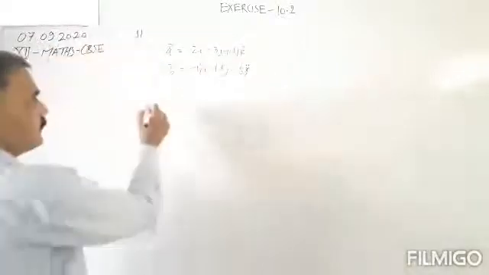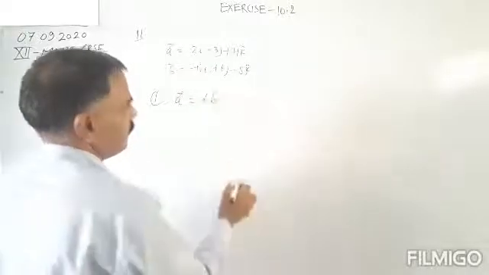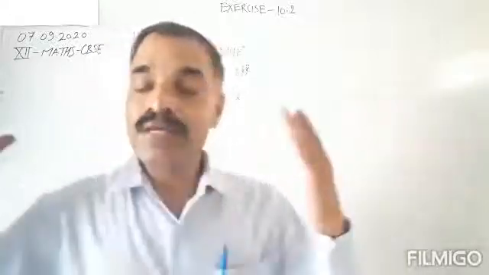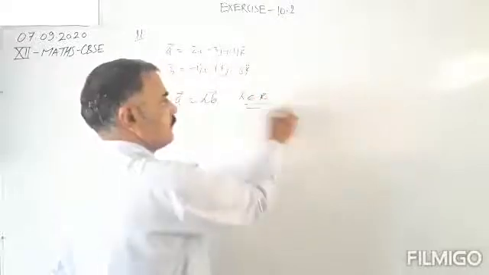The first condition is a vector is equal to lambda times b vector, where lambda will be any real number.